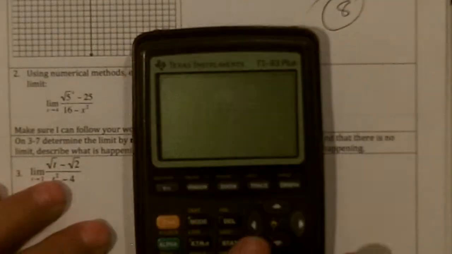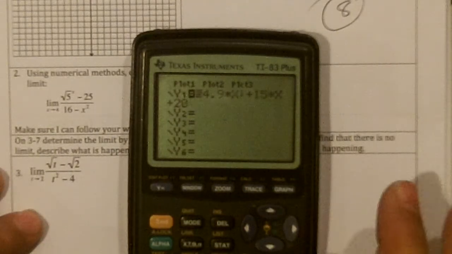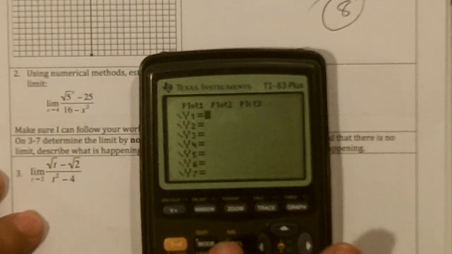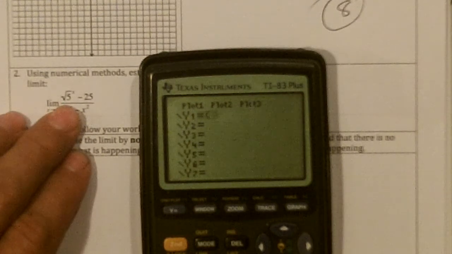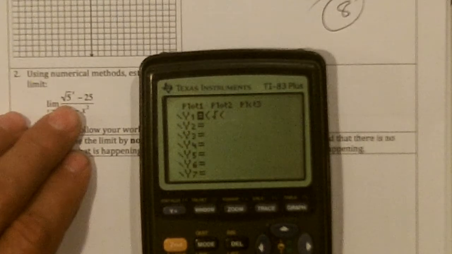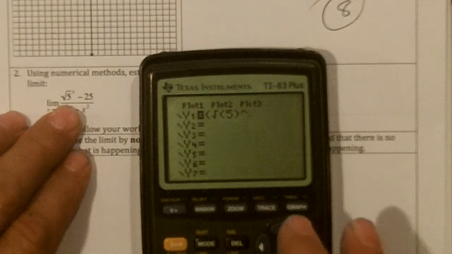And then 2, it says use numerical methods. So you pull out your calculator, and I had some people say, I can't figure out how to type this in, so I will explain as I do it. So we have a numerator, so I'm going to go parenthesis. Then I'm going to do the square root of 5, close parenthesis, and take that to the x.